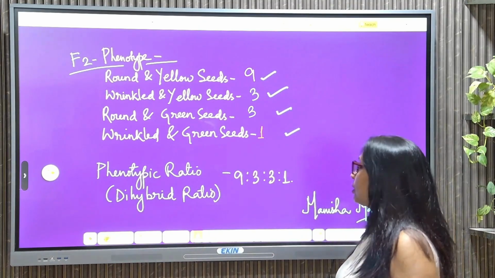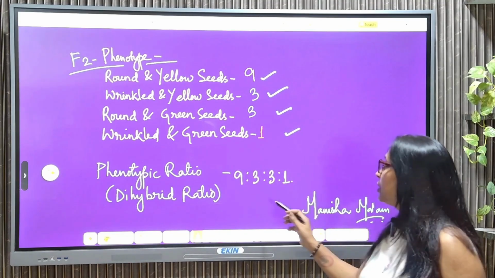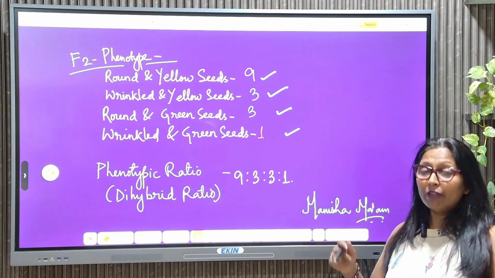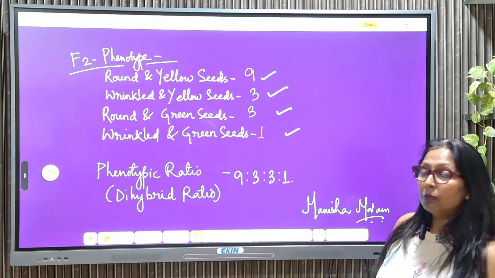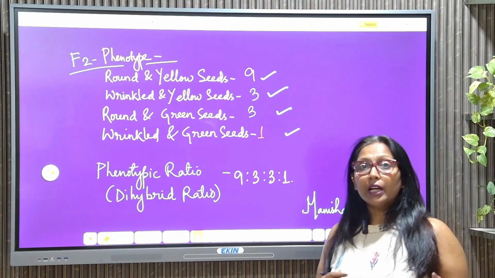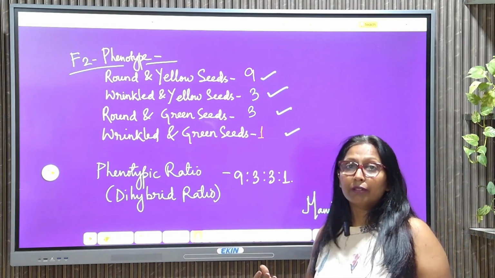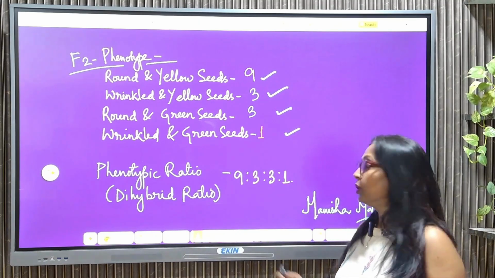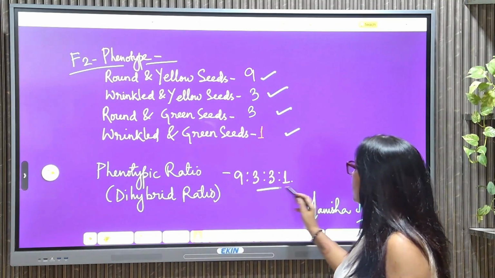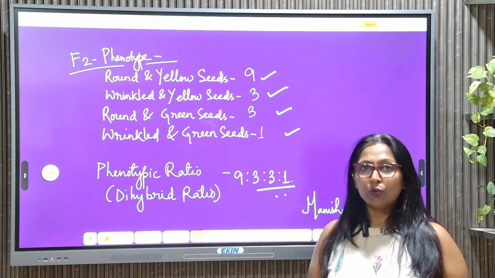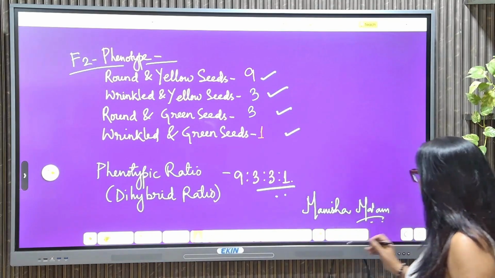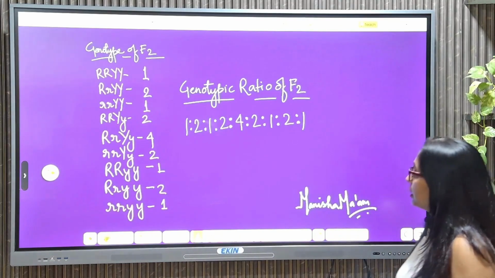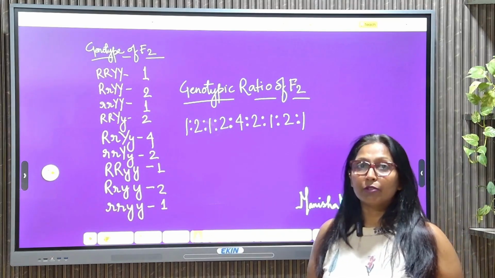So the phenotypic ratio comes out to be 9:3:3:1. So whenever we are asked a question in the boards regarding the dihybrid cross phenotypic ratio, we mention it to be 9:3:3:1. Okay.